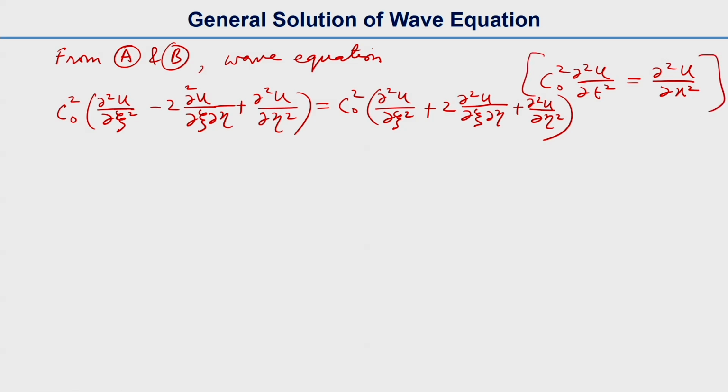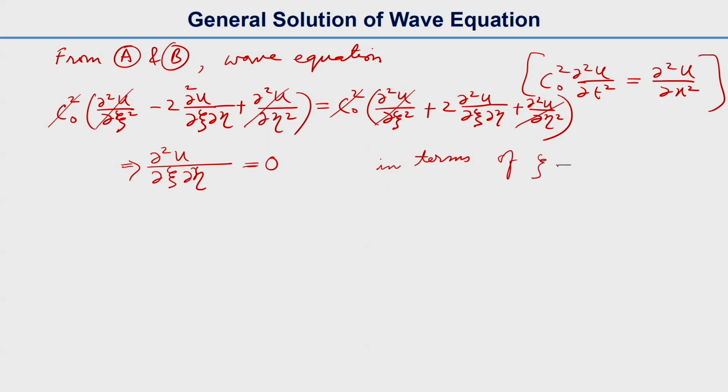Now all these terms cancel out except the middle terms. So this gives us the second partial of u with respect to both variables equal to 0. This is the wave equation in terms of these two variables, which we assumed as x plus c naught t and x minus c naught t.